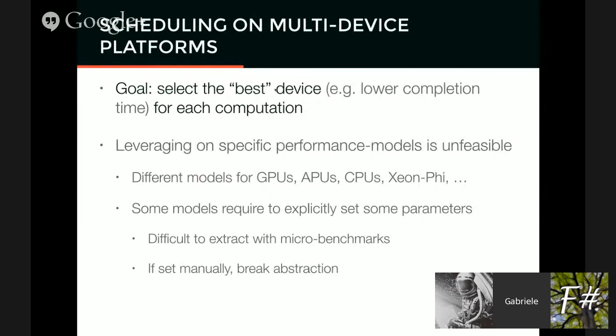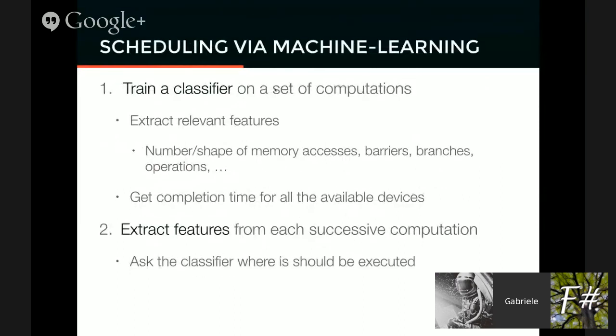Our approach is based on machine learning. What we do is extract some features from the computation, where features may be, for example, the number of memory accesses, the number of branches, a number that encodes the branch prediction, the number of conflicts in accessing memory, and other things.